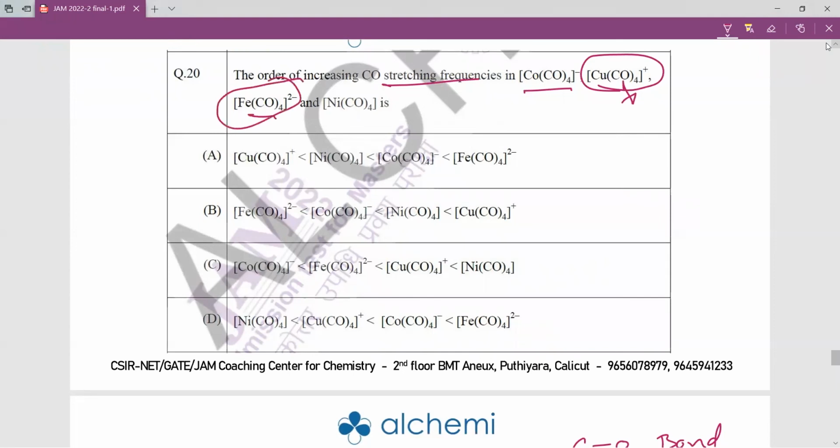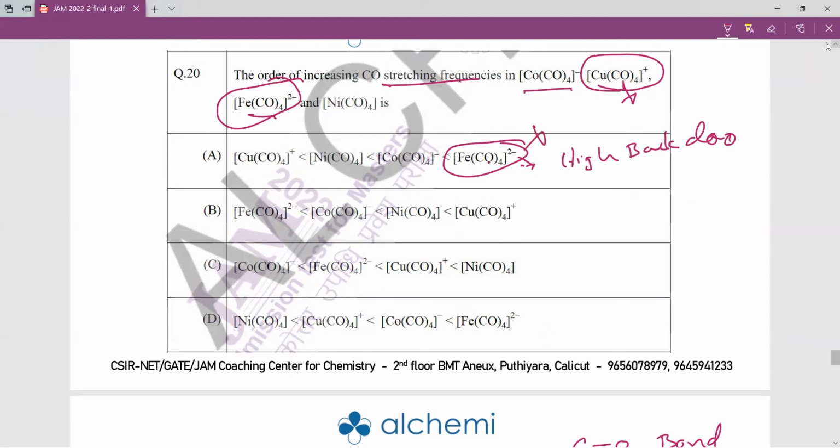So the 2 minus species has high electron density, so in this case it will have high back donation. When back donation increases, bond strength decreases, so bond strength will be very low and stretching frequency will be low.